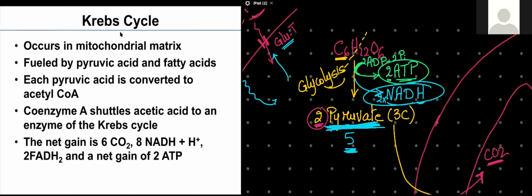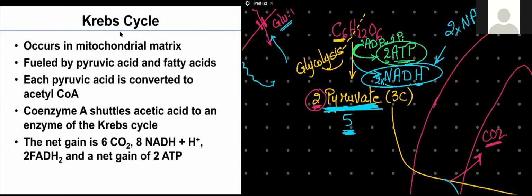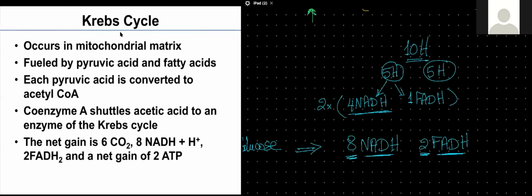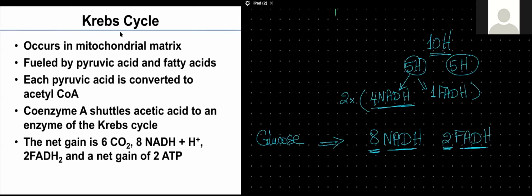So it did release 2 NADH. And as the pyruvate passes into the Krebs cycle, each of the two pyruvates is going to be yielding 5 hydrogens, 4 of them attached to NAD, and 1 of them attached to an FAD. Those are the 10 remaining hydrogens in the glucose molecule.